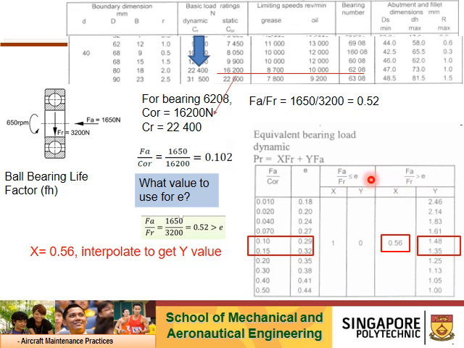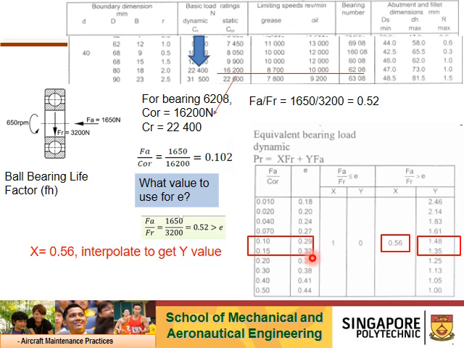Before that, we need to compare the FA over FR to E. So I punch in the number, FA over FR, 1650 over 3,200. So it gives me a ratio of 0.5. Whether you look at it, 0.5 is greater than both of them. So if my FA over FR is greater, my column for X and Y will be on the extreme right. Agree? Yeah. So I say again, over here, FA over COR is 0.102.